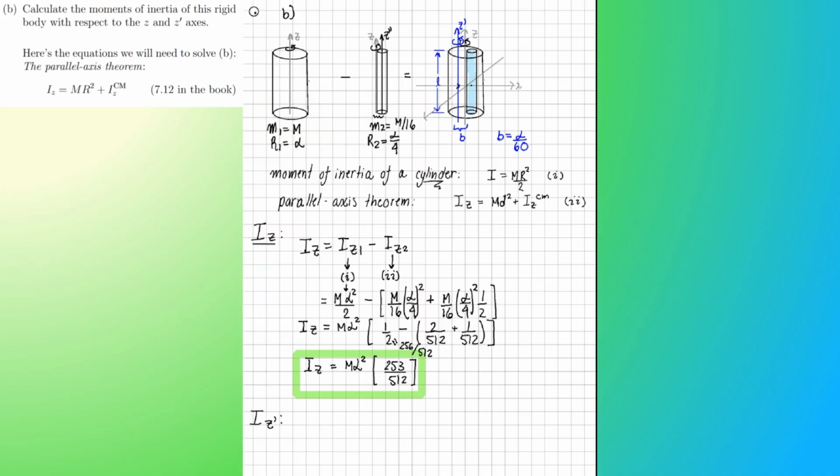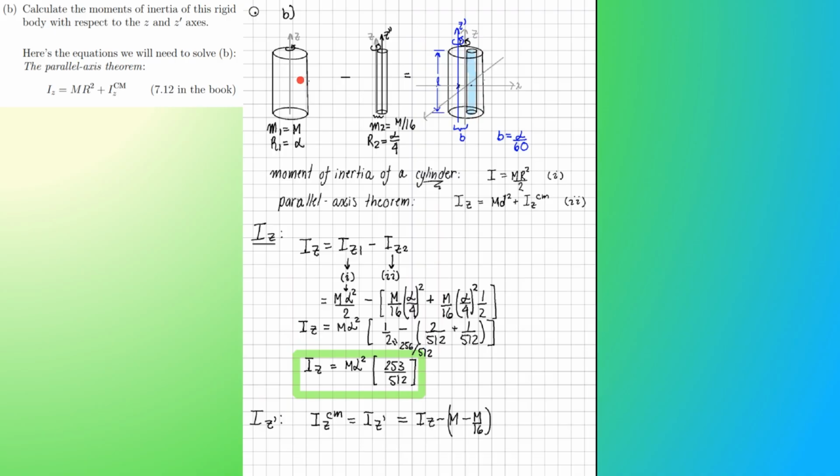So we can say from equation number 2 that the moment of inertia at the center of mass is equal to the moment of inertia of z prime, which is actually equal to the moment of inertia around z minus the mass of the full system. In our case, the full system is m minus m divided by 16, right?